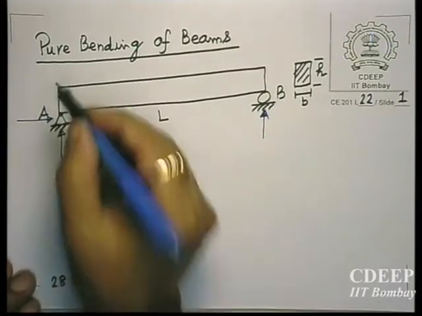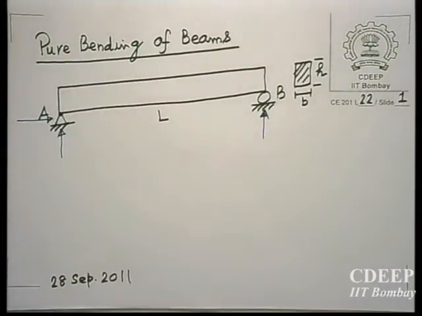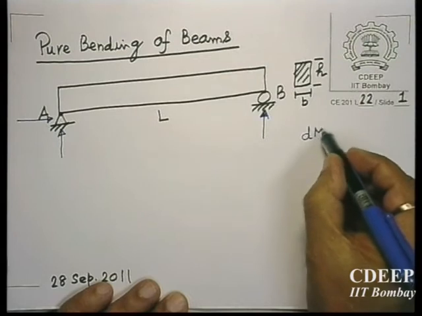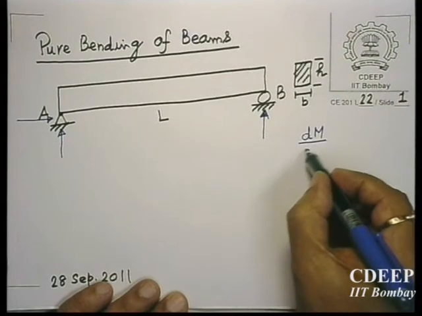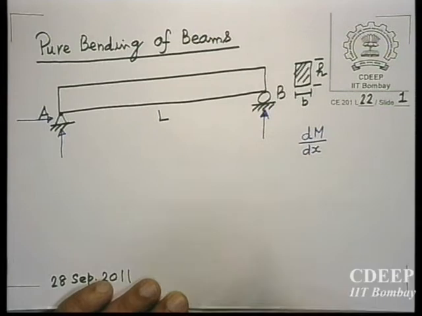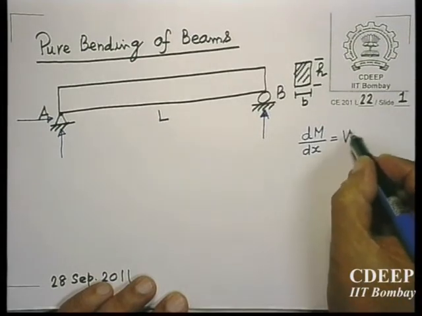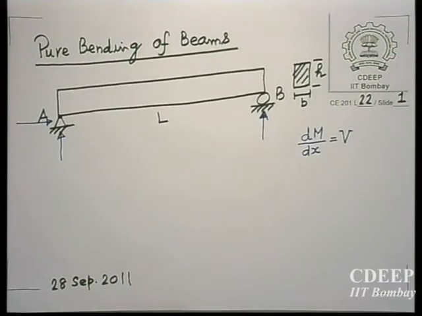Okay, so pure bending means we have seen the other day we derived that the rate of change of moment, dM/dx, is plus or minus V, the shear force at the cross section.